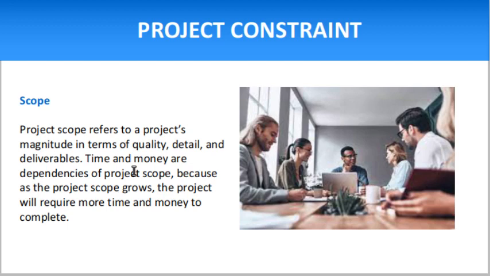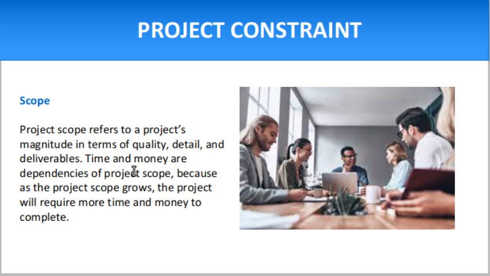You cannot go beyond those limits and the deliverables which have been decided. Why? Because time and money depend on the scope: if the scope increases, time, money and quality will also be impacted.